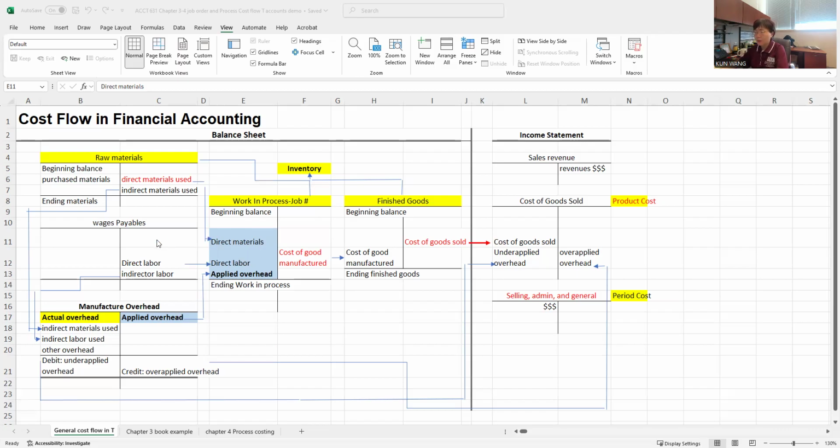And for labor cost, there is direct labor, indirect labor, or even labor cost related to a period cost. In accounting, we use an accrual accounting system, which means when you recognize the labor expense or labor cost, it may not have been paid, right?